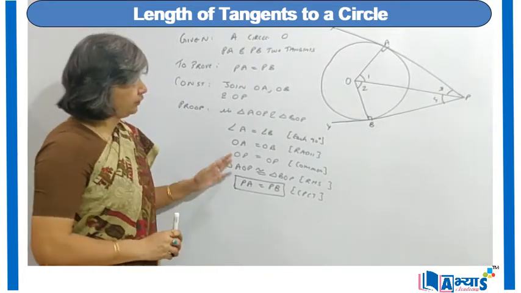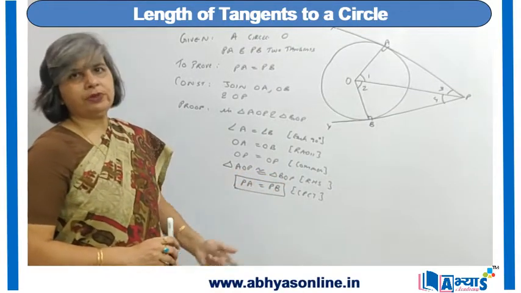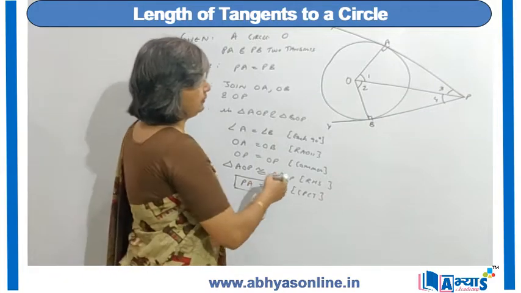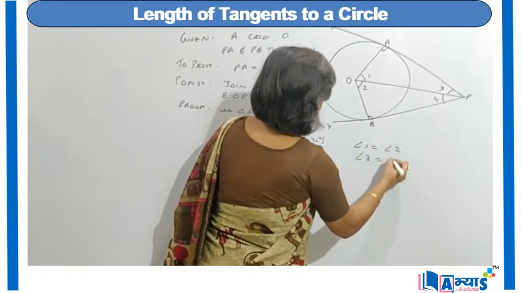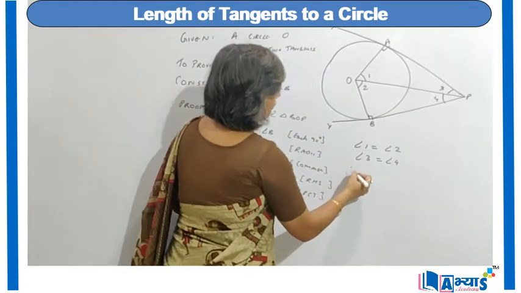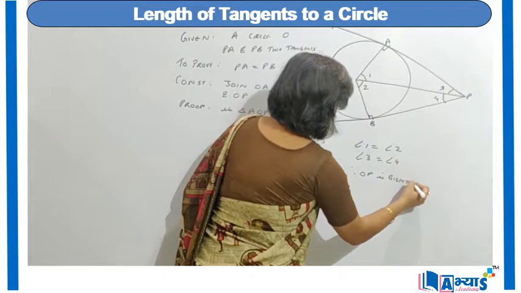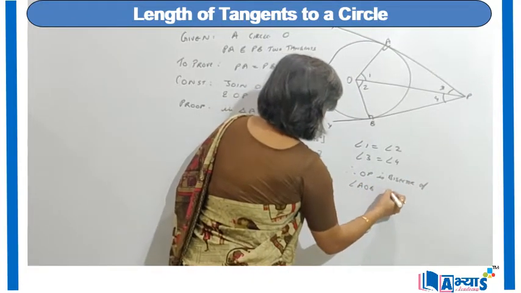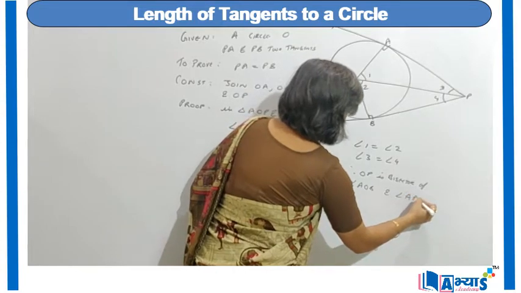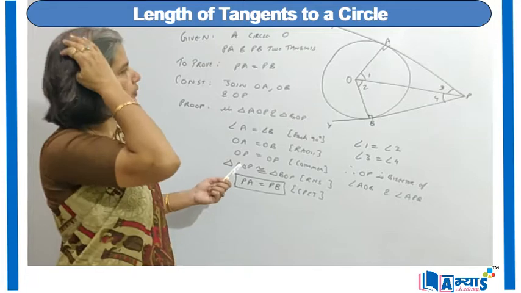We have proved that triangle AOP is congruent to triangle BOP. So from CPCT, angle 1 is equal to angle 2 and angle 3 is equal to angle 4. Therefore OP is the bisector of angle AOB and angle APB. This is the further extension to this theorem.